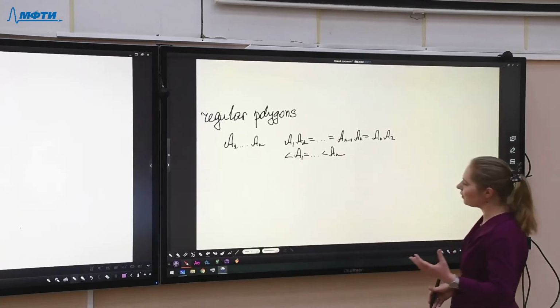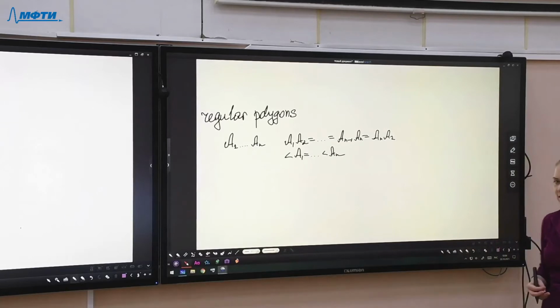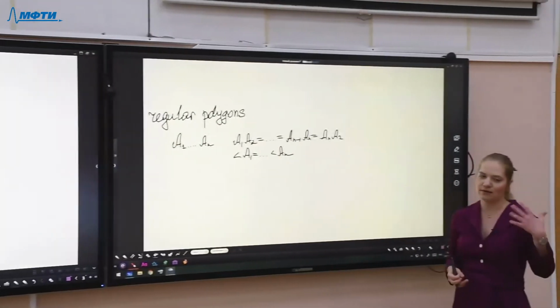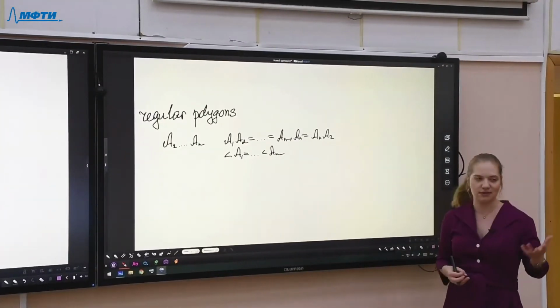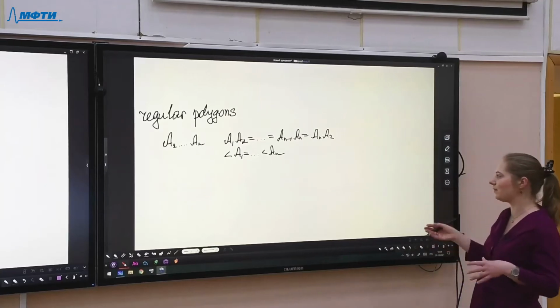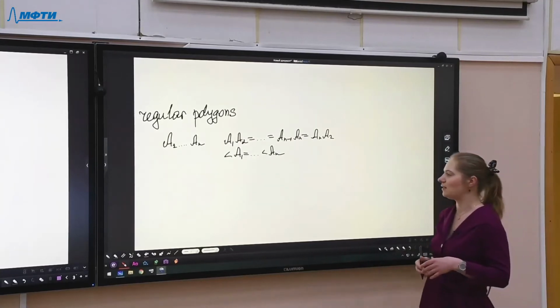For example, we can talk about a right triangle, a square, regular pentagons, and so on. So, any number of sides and angles.